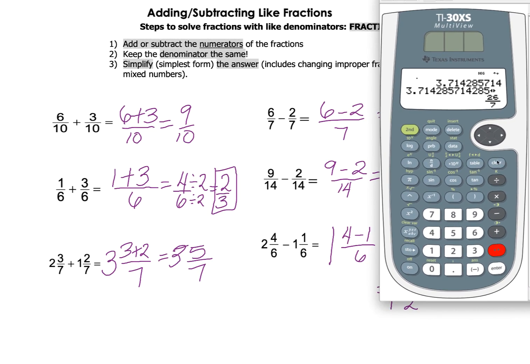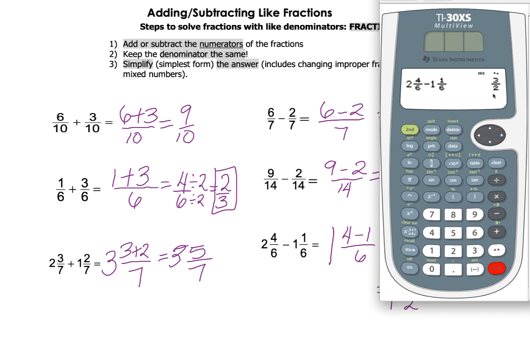Okay, let's try subtracting. So we have 2, second function, n over d, 4, down, 6, to the right. We're subtracting 1 for my whole number, second function, n over d, 1, down, okay, there's my 6, to the right, okay, and let's hit enter.